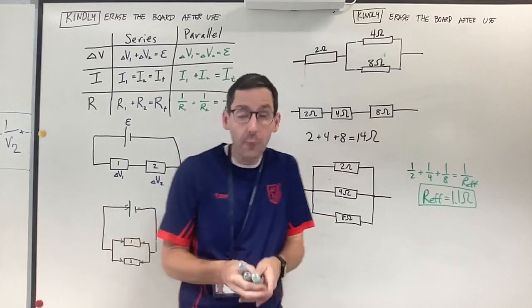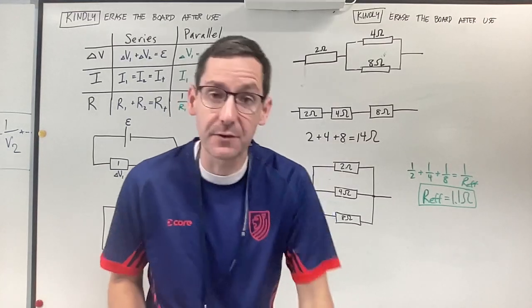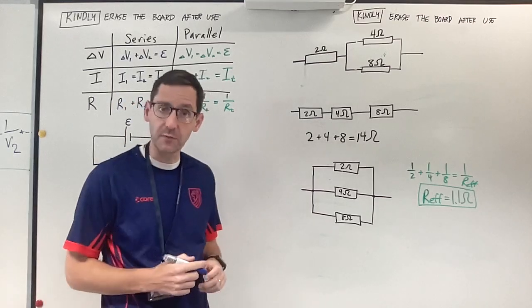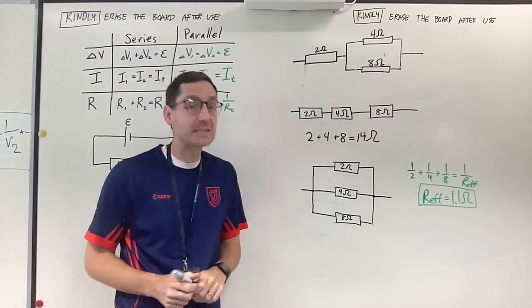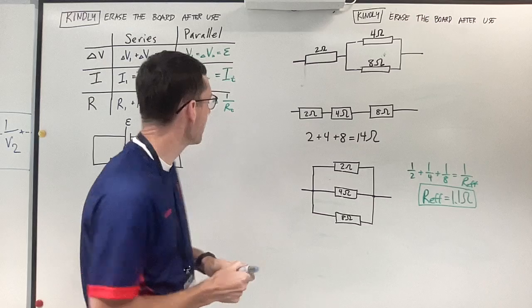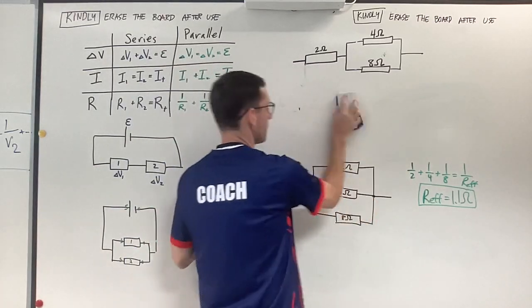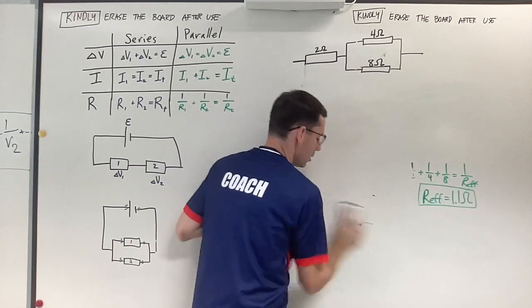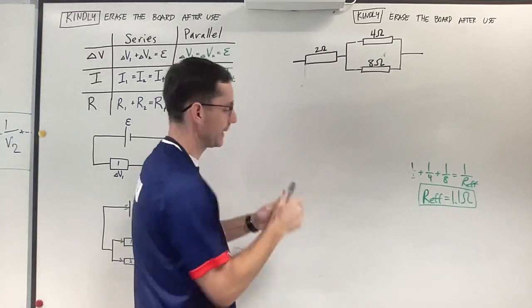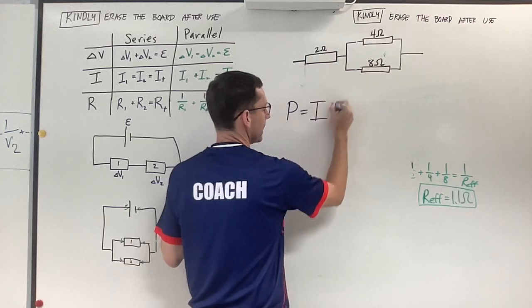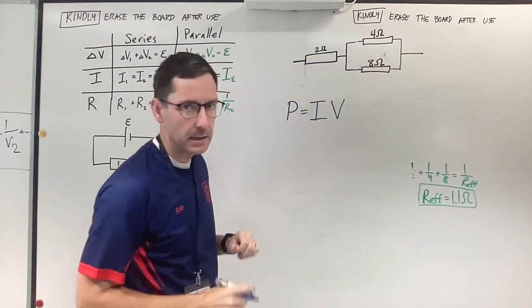All right? So hopefully that's helpful in visualizing some of the things that we've done before. I want to add in one little tidbit before we go on, and that's this. If you'll remember, previously in class, we talked about this idea that power equals current times voltage.